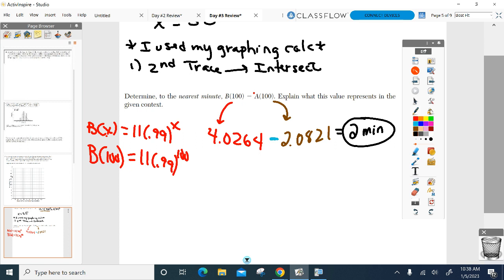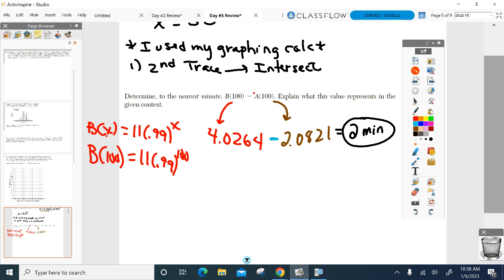What did we just plug 100 in for? X. Read the problem. What's X represent? Number of customer service reps, right? So they're telling me when I have 100 customer service reps working, what's that 2 minutes mean?